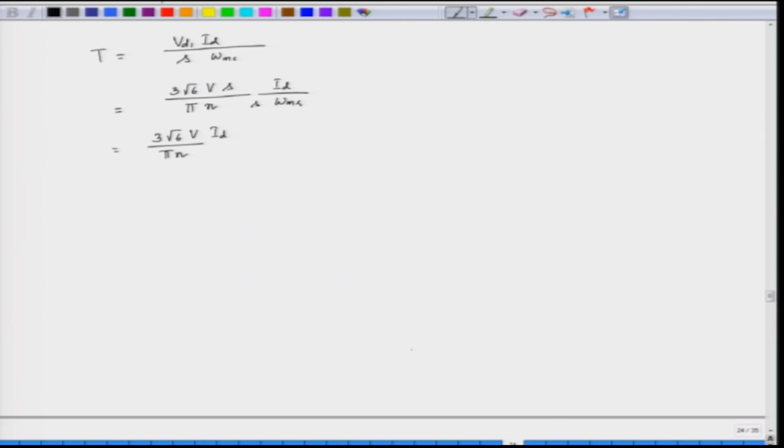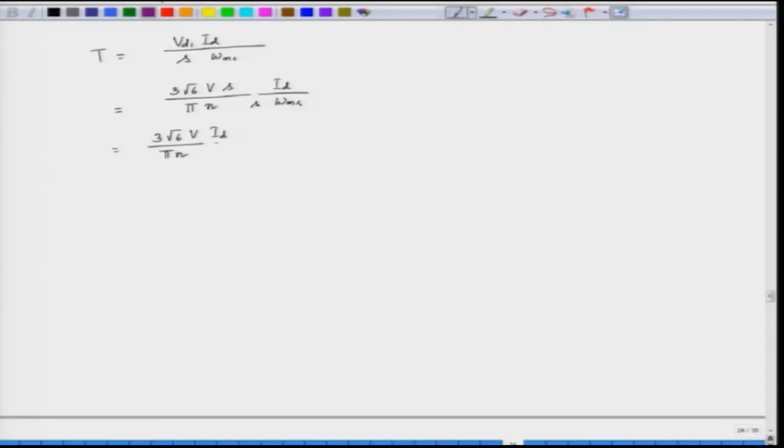Now, if we see the equation for the torque, it is proportional to I d. V is constant, 3 into root 6 is also a constant, pi and n are constant quantities. So, T is proportional to I d.